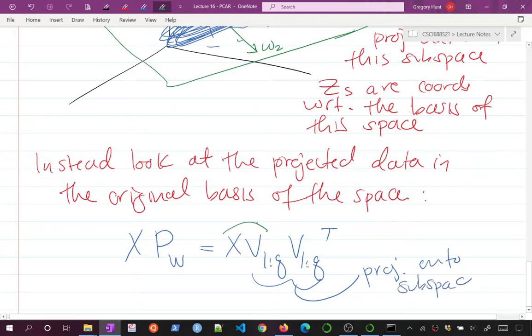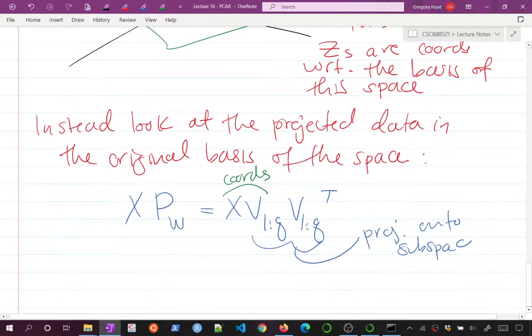You notice here, these are the coordinates with respect to the subspace, and if we want to go back up to the coordinates with respect to the bigger space, we just multiply by V1 to Q transpose. The reason we're multiplying by the projection matrix on the right, when normally you'd multiply on the left, is because we're projecting the rows rather than projecting the columns. This matrix we could call XQ. It's what we get when we project down with the first Q principal components.